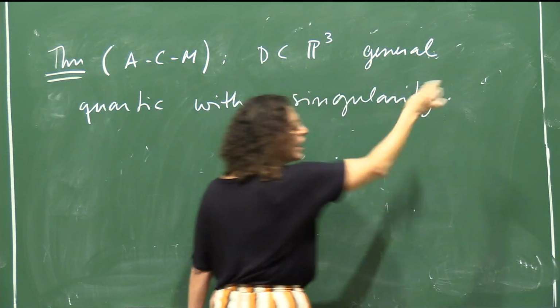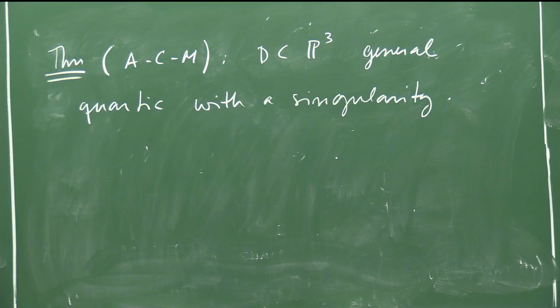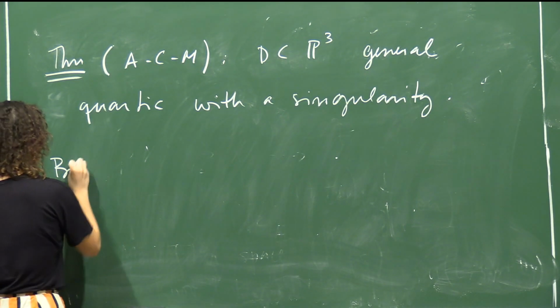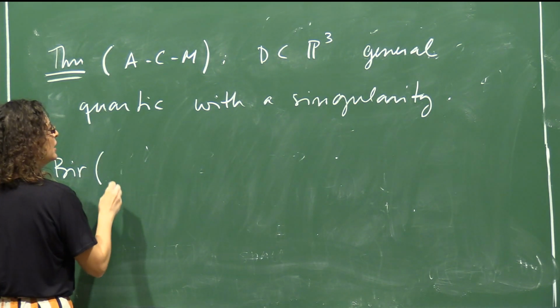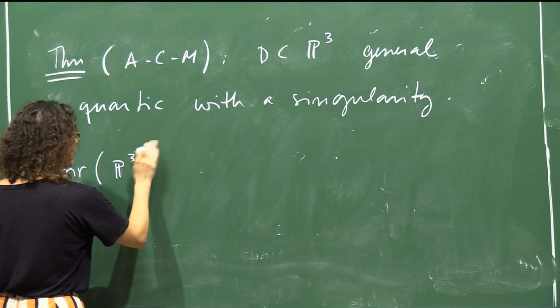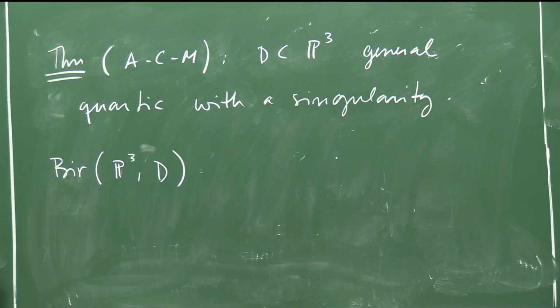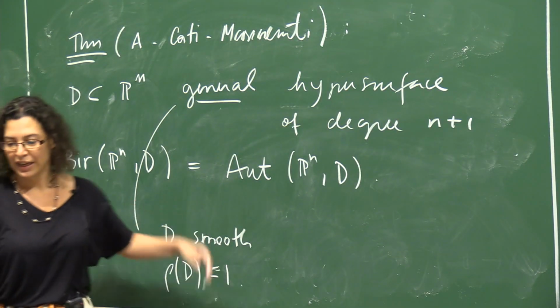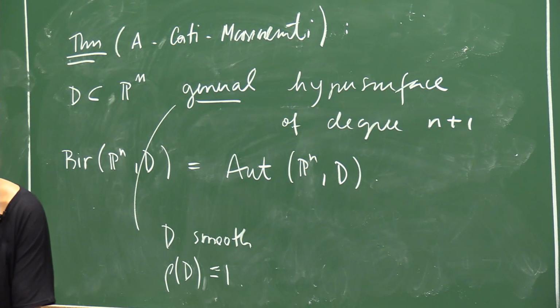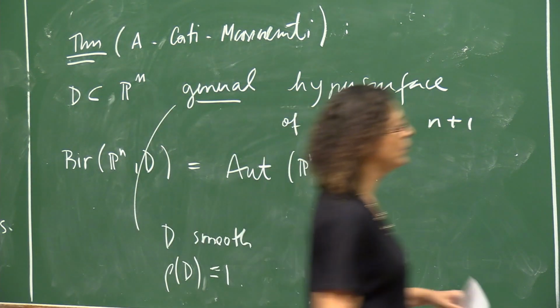If we take it general, the singularity will be an A1 singularity. And in this case, again, we could compute the birational group of P3 with this boundary. And now it's very far from being trivial. And actually, we computed this rather explicitly.